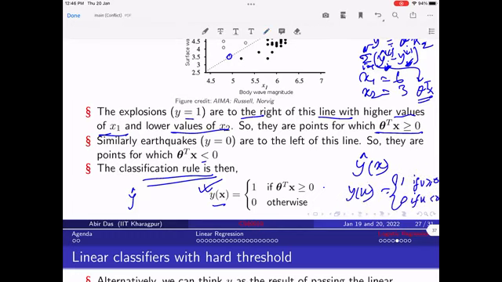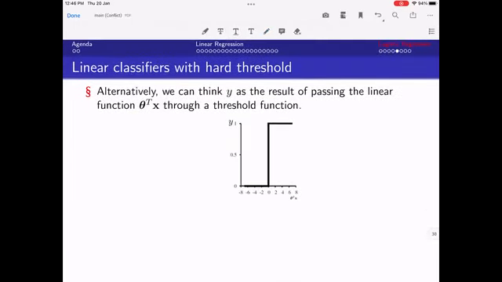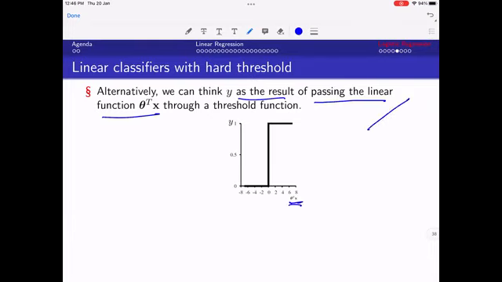I'm just trying to give it a functional form, and this is the plot of that function. The argument u is theta transpose x. Alternatively, you can think of y as a result of passing the linear function theta transpose x through it. Theta transpose x was a linear function, and theta transpose x equal to 0 was that straight line.